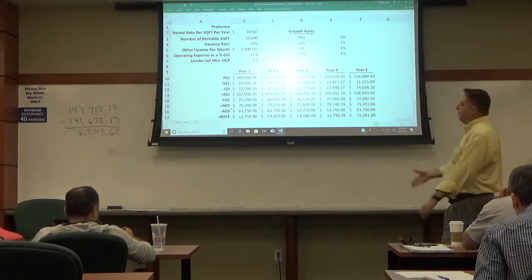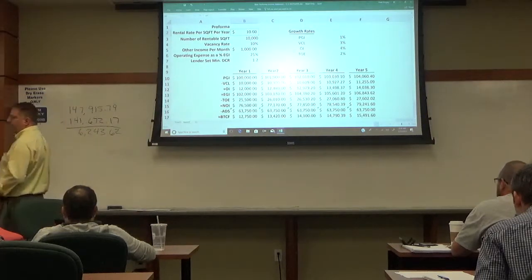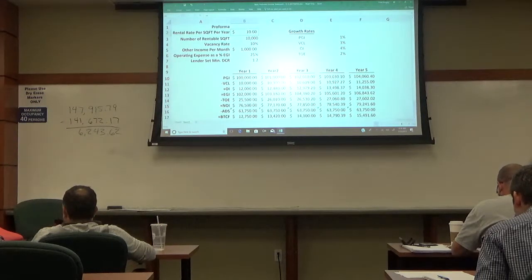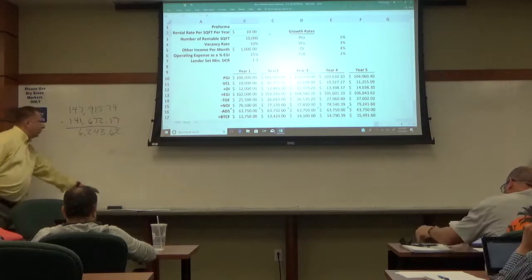All right, so the first piece of information that we need to know on this one is what is our rental rate per square foot per year for the property. In this case, $10 a square foot per year. And then how many rentable square feet do we have? Okay, so 10,000 square feet.